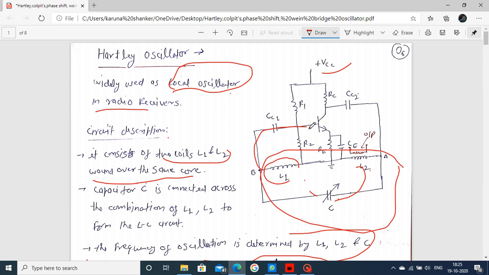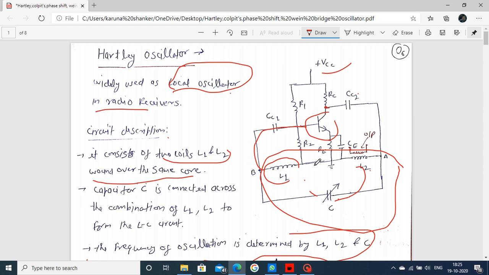After the oscillation reaches the base terminal, it is amplified by your transistor. The amplified output comes across your collector here, and the collector's amplified output is taken here.